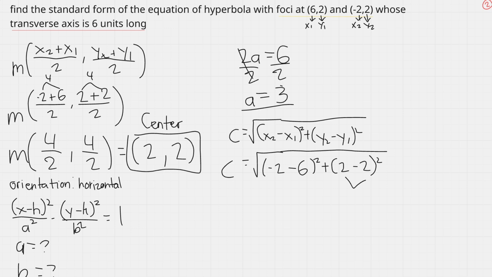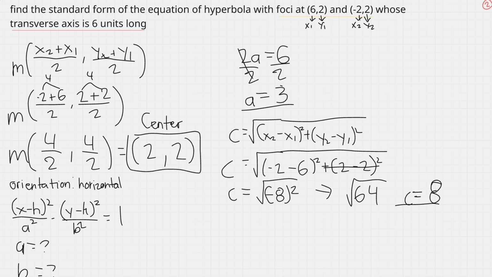Now let's simplify. 2 minus 2 will give us 0, so that will get cancelled. Negative 2 minus 6 will give us negative 8. Negative 8 times negative 8 will give us 64. And the square root of 64 will give us 8.